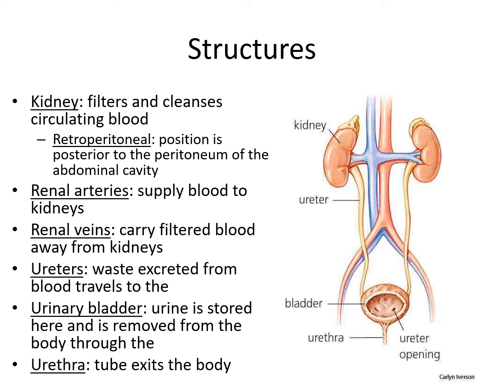Your kidneys are sitting outside of that sac, which is kind of interesting in my opinion. You have renal arteries and renal veins, and respectively they supply blood to your kidneys or carry blood away from the kidneys. So arteries bring blood in, and veins carry that filtered blood out.